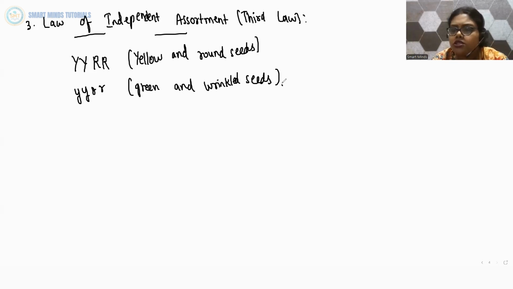So Mendel crossed two pure breeding pea plants, one with yellow and round seeds and the other with green and wrinkled seeds.